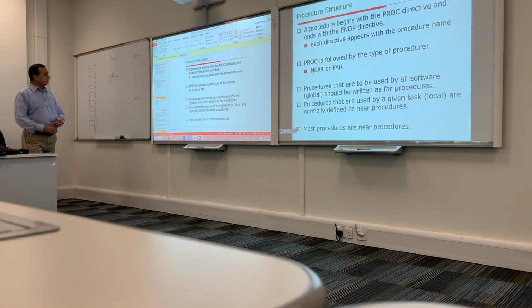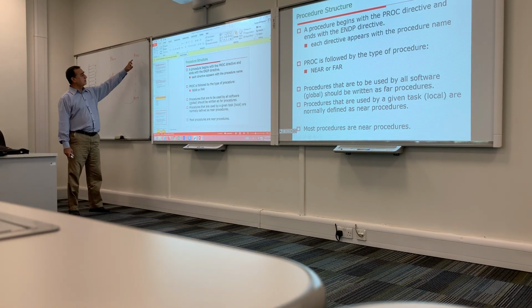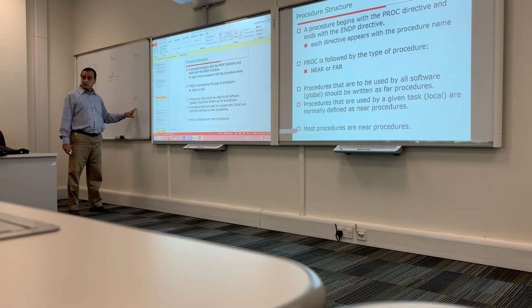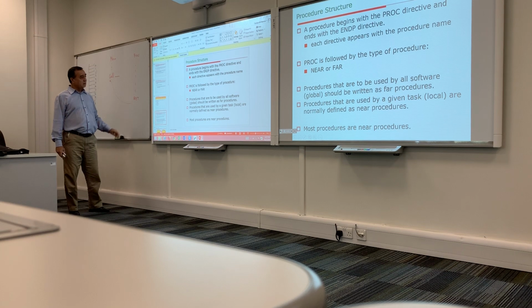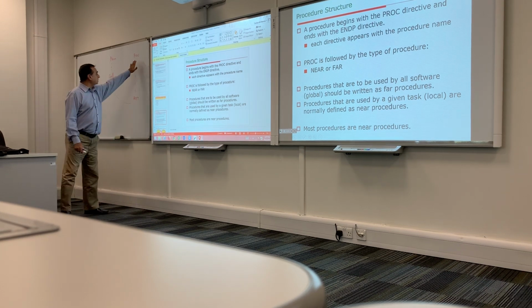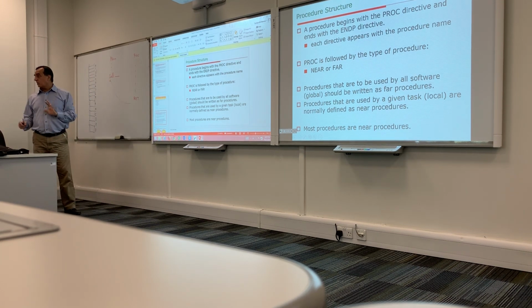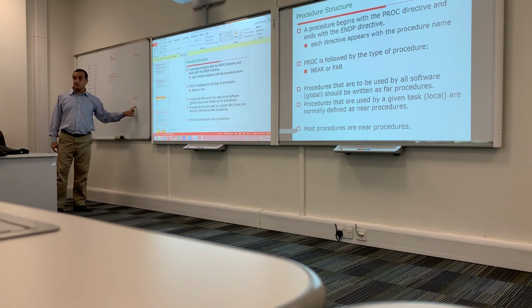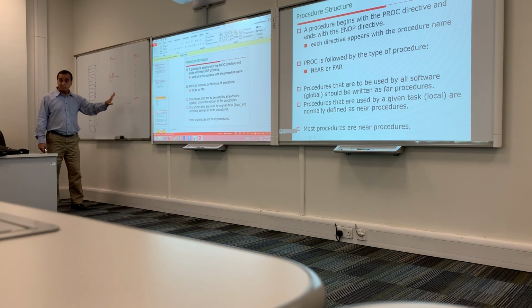Okay, I told you a procedure always starts with this one, and the last line is this one. Now this is called a directive, because PROC does not have any other meaning. There is no calculation, right? But RET has a command. Return means go back to the main program. It has a meaning, right?